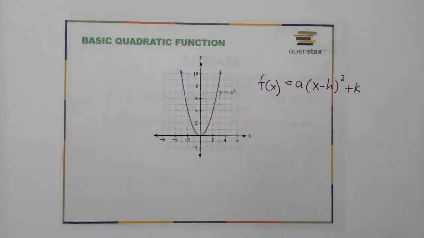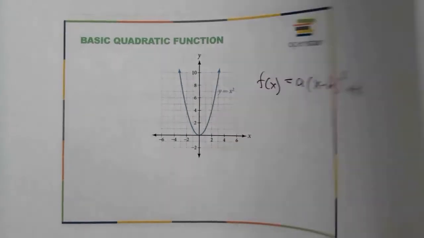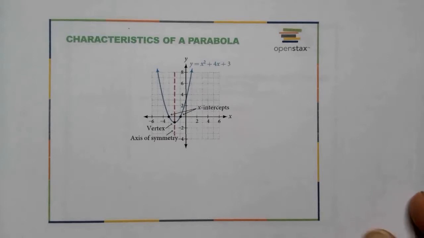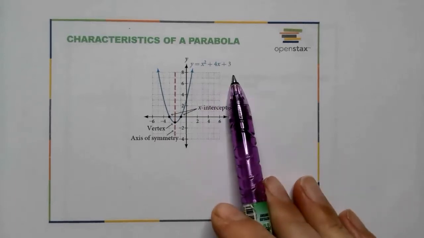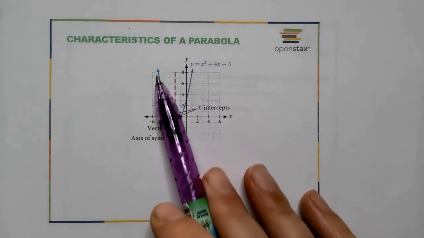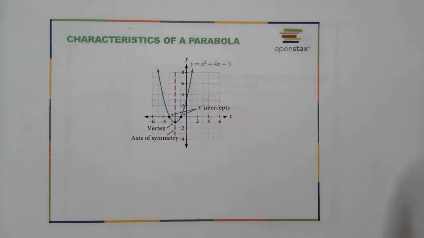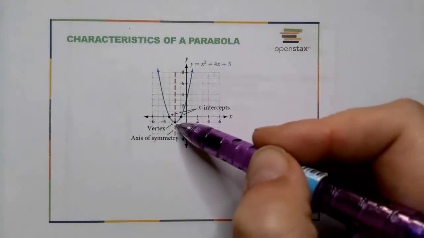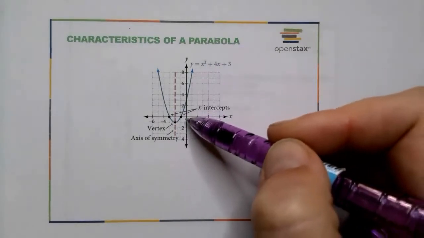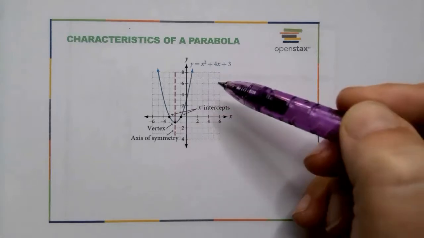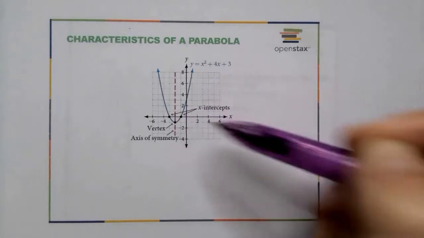We're going to treat any other parabolas as transformations of this one. For example, we have this parabola right here. It has a slightly different equation, but as you can see, the shape of this parabola is the same, but it's shifted. Its vertex was shifted 2 units to the left and 1 unit down.